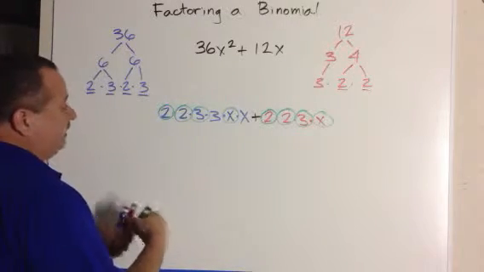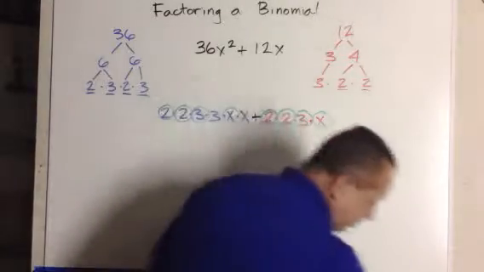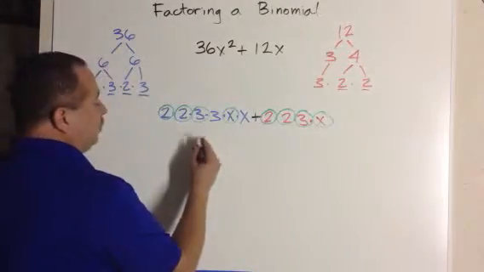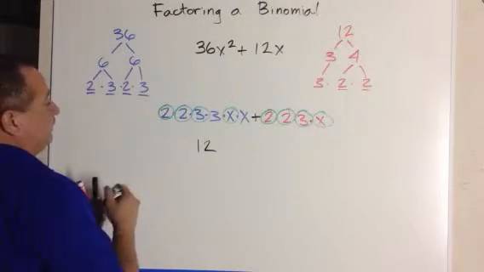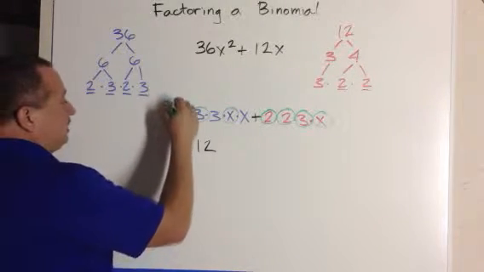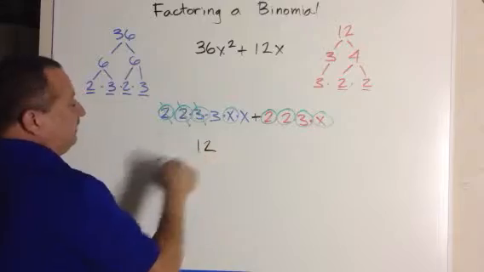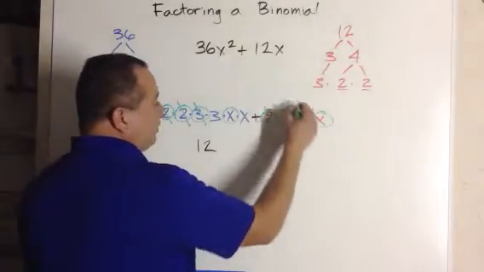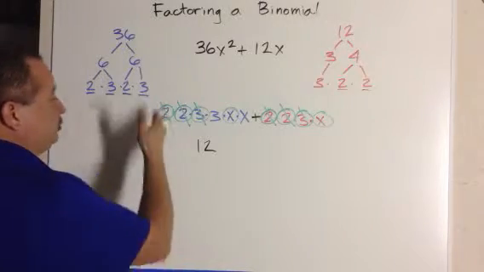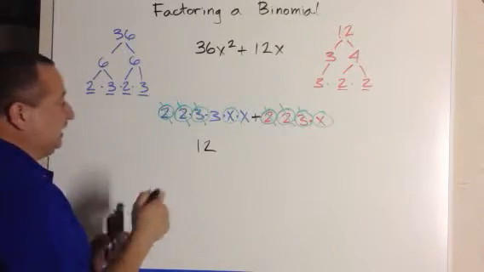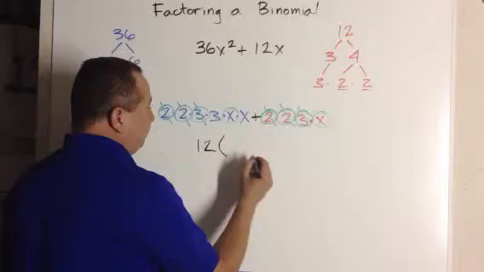I'm going to get my black marker here, and write here 12, because I took out 2 times 2 times 3, which gave me 12. So I factored out that 12. I factored out the 2's and the 3. So what's left inside after I factor out the 12?